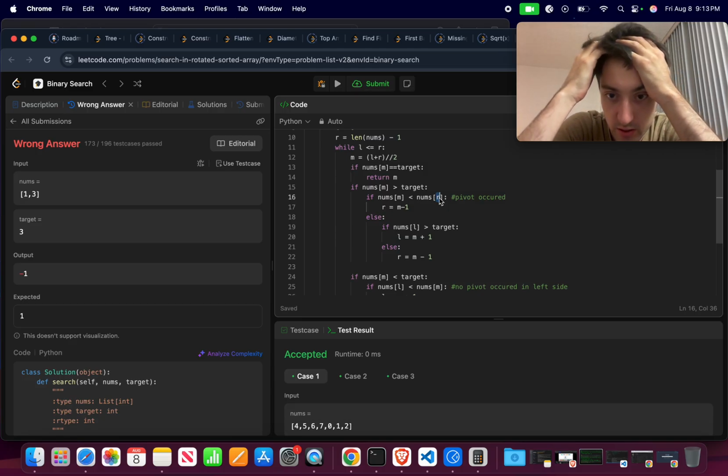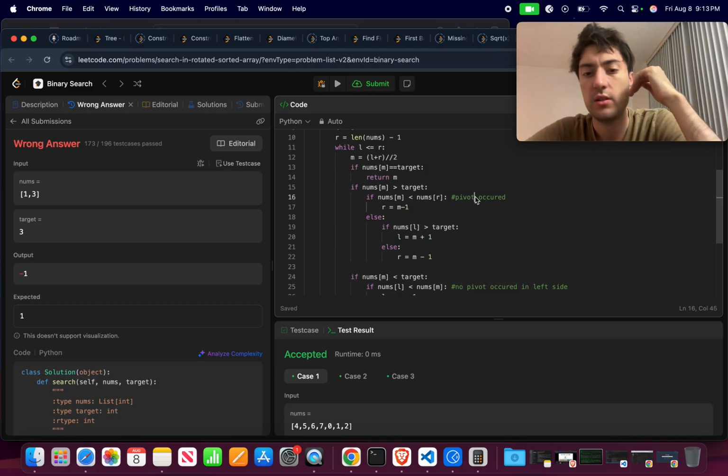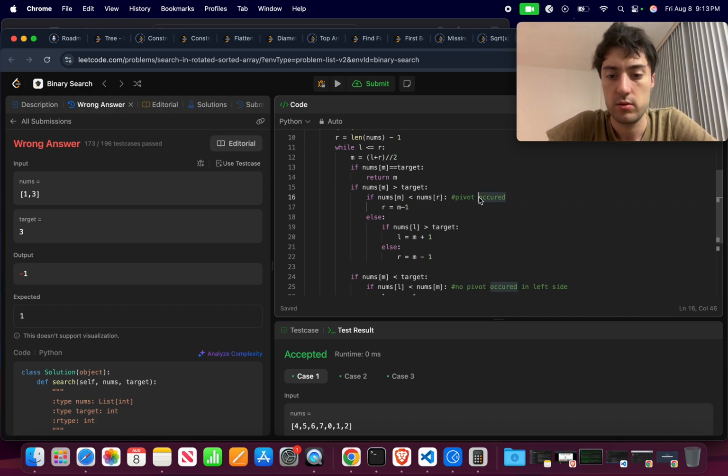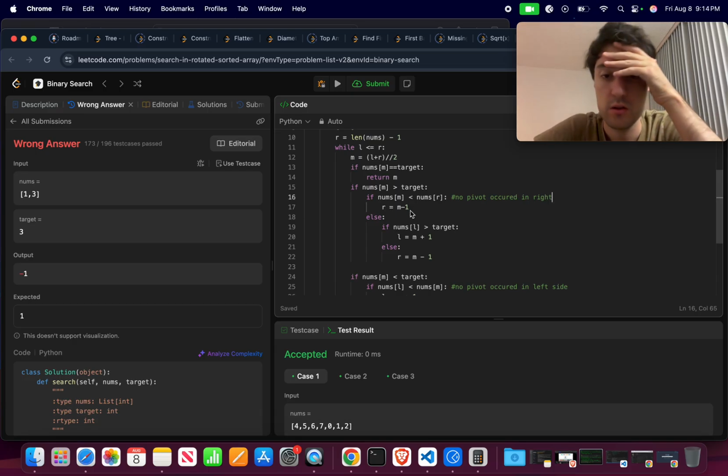If mid, so pivot, so no pivot occurred in right.